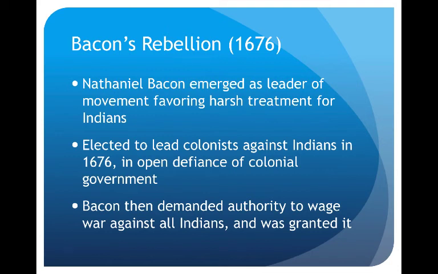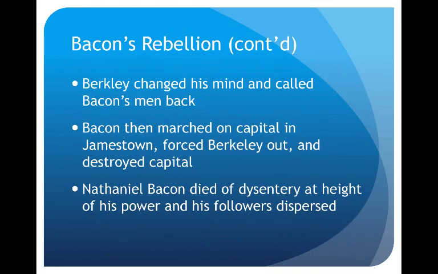Once they were gone, the governor, Berkeley, realized this was going nowhere good, so he sent a courier out there to inform them that he had rescinded the authority to wage war. Bacon and his men then turned around, marched back to Jamestown, where they burned down the governor's residence, burned down the capital, and basically overthrew the government.